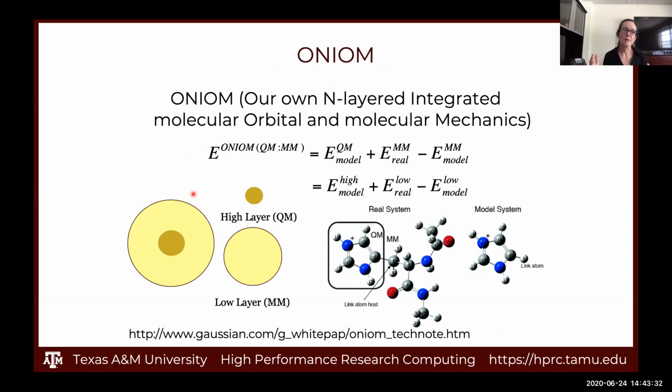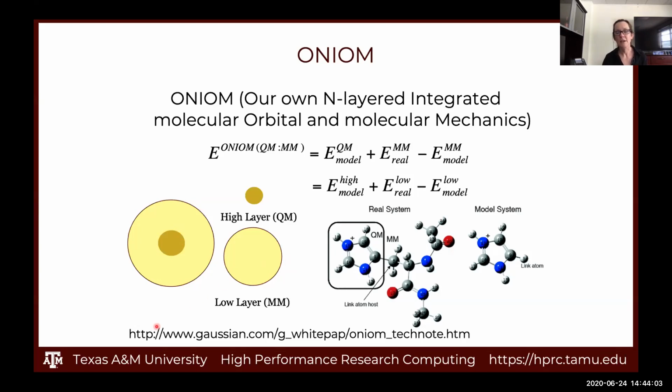So it can be beneficial to use ONIOM or QMMM methods where part of the molecule is treated at the higher layer, which is usually like DFT or some other quantum level, and then the entire system is treated at the low layer. Now with the ONIOM, since the entire system is treated at the low layer, that means you have to have parameters for every single atom in the system.